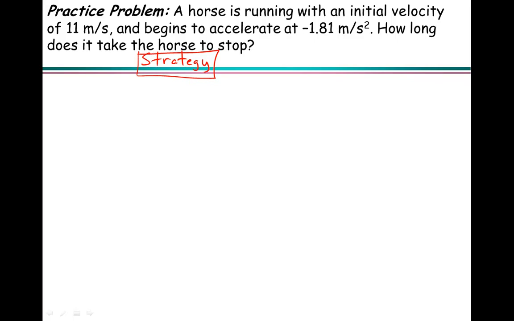So in this problem, it says a horse is running with an initial velocity of 11 meters per second and begins to accelerate at negative 1.81 meters per second squared. How long does it take the horse to stop? So with our strategy, we always start off with a motion map. It's already moving 11 meters per second, and we're assuming positive is to the right. So let's start off with a velocity vector like that, and its acceleration is negative.